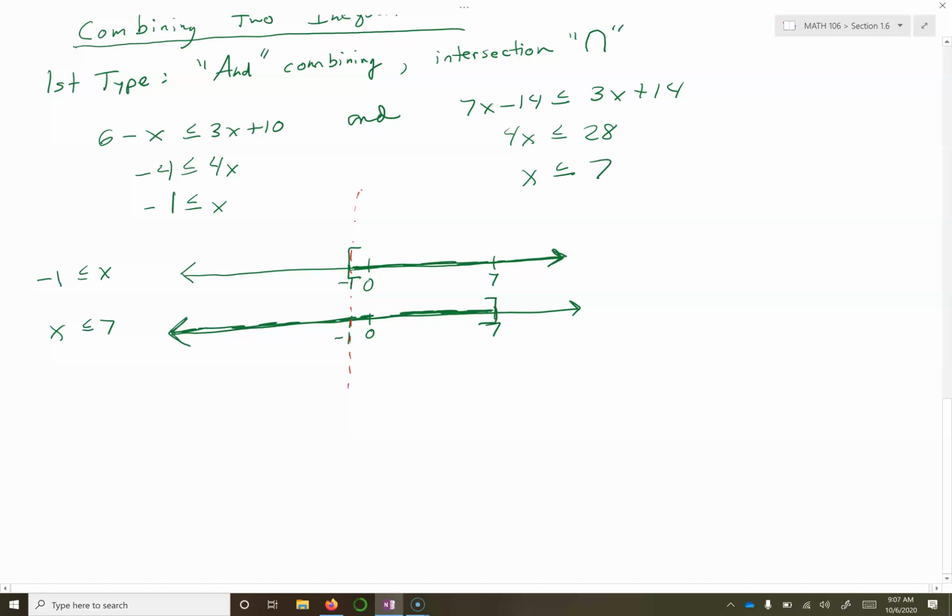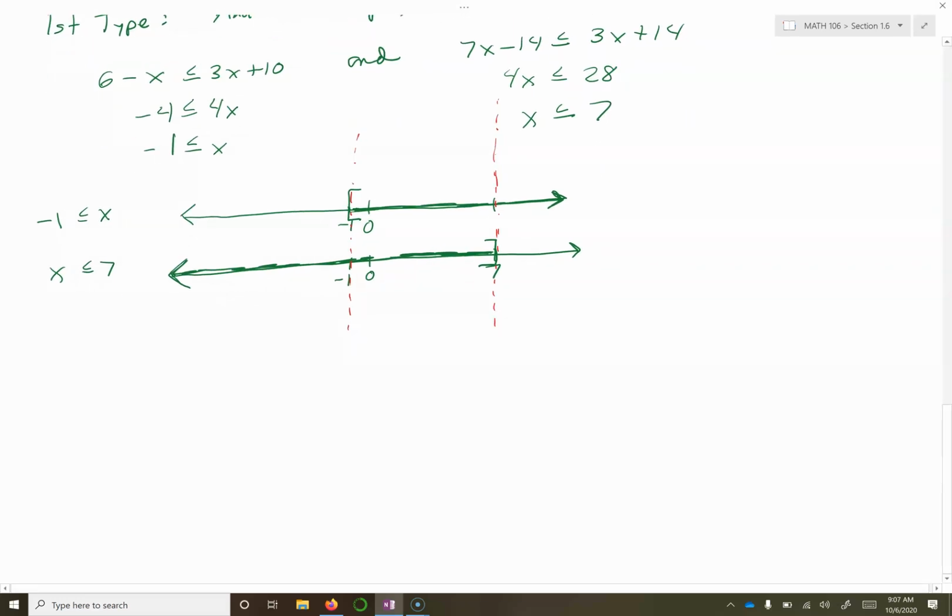It means everything to the left of that dotted line is not going to be in the solution, because any number less than -1 is not in the solution of the first one. Same thing on this side. That should have gone through the 7. So nothing to the right of 7 is in the solution. But the solution is everything between those two dotted red lines.